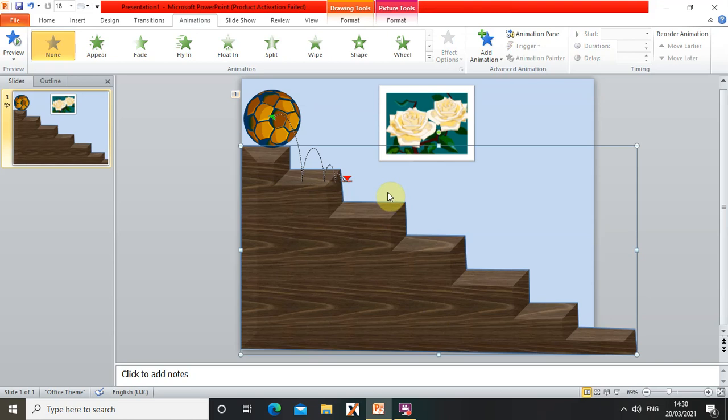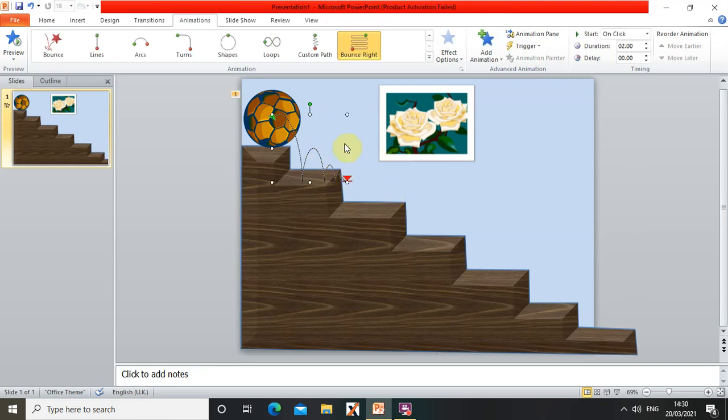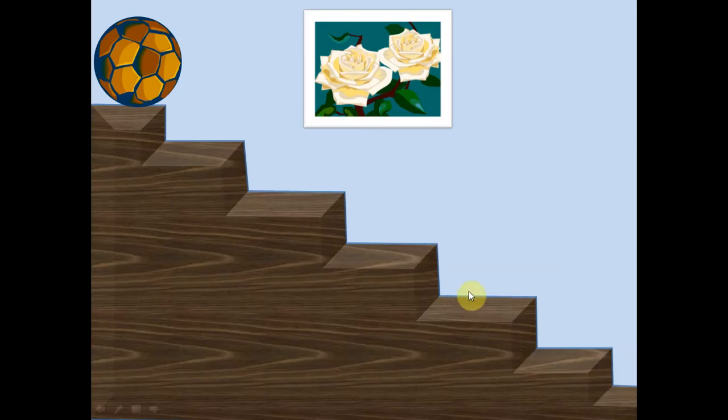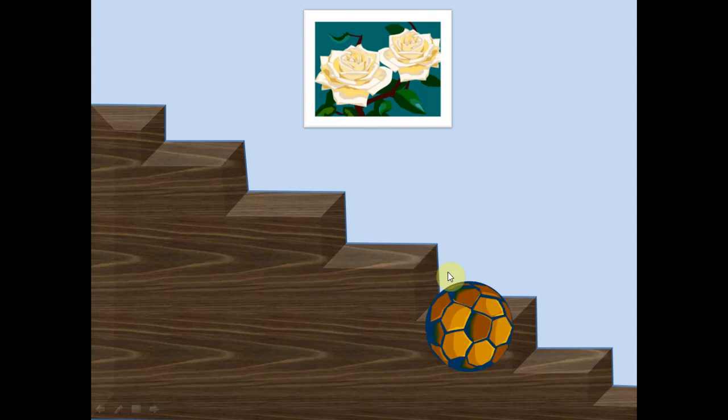So we need to make it longer. So we make the length longer, but now when we press onto our animation, it's like our ball is falling off the stairs.